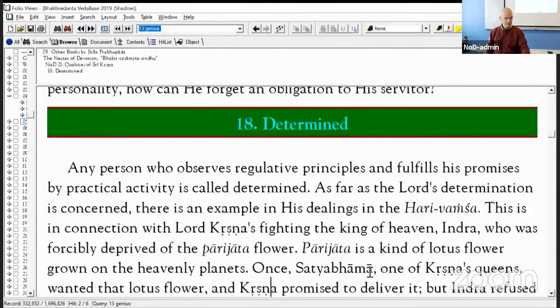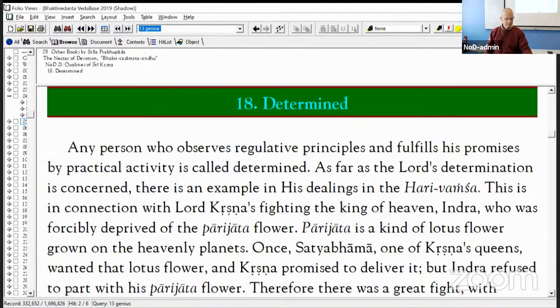Now number 18 is determined. Sudridha vrata. So his vratas, his vows are very, very firm. Again, it is one of the qualities that Acharyas glorify in Krishna, saying that Krishna never breaks his vow to protect and help his devotees.